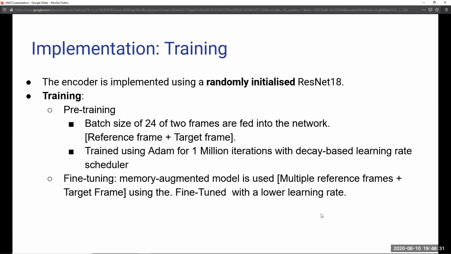And for fine-tuning, that is where the memory-augmented model comes into play. The input then would be multiple reference frames with the target frame. Also, fine-tuning was done at a lower learning rate than before.